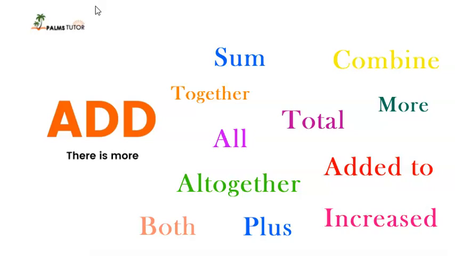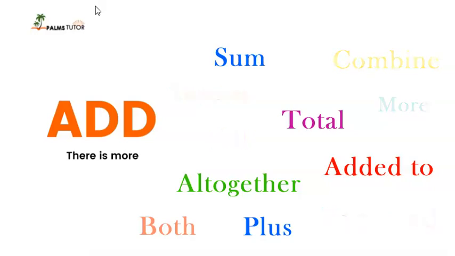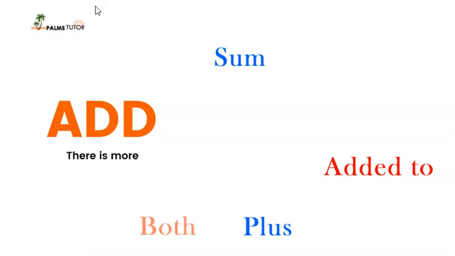You see, all of these words, when you see them in word problems, it means there is more somewhere. And where there is more, we should add. That's what addition is all about, when we have to put these together.